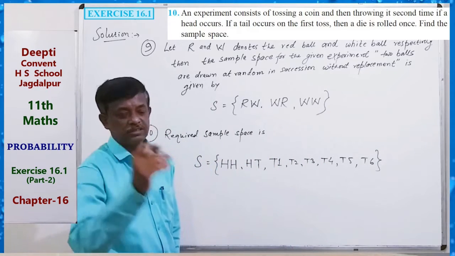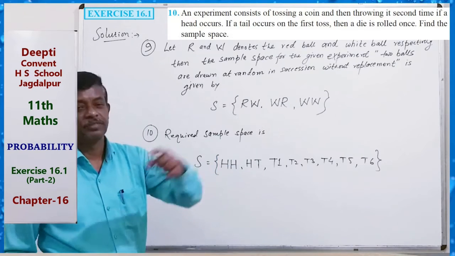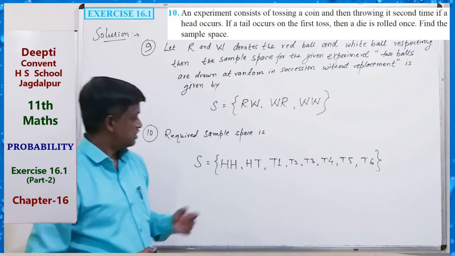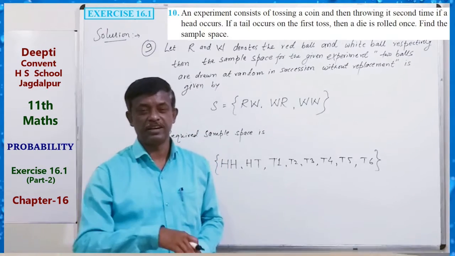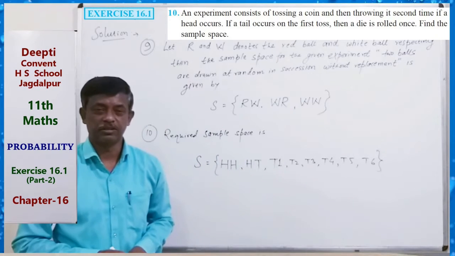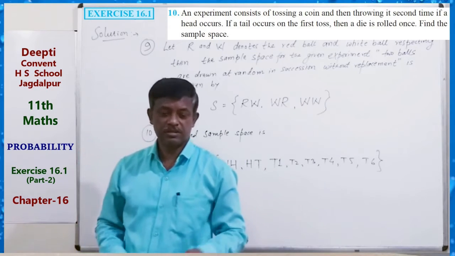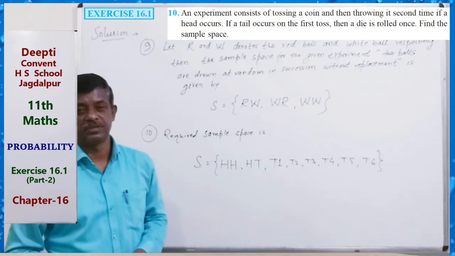So T1 to T6, and HH, HT. So this is our sample space. These are the outcomes of the experiment. If head occurs the first time, then toss the coin again. If tail occurs the first time, then roll a die. This is the sample space.